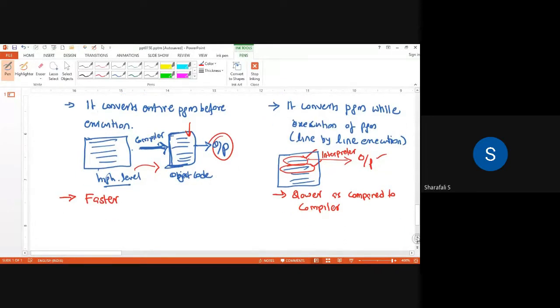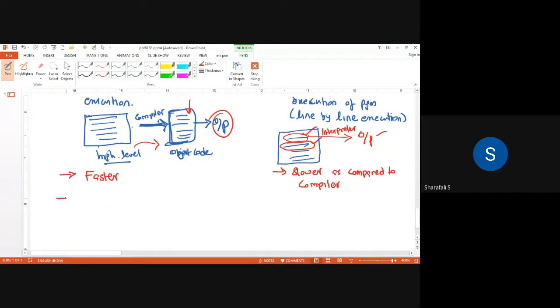Another important point is that here debugging is difficult, but here debugging is easy. Why is it easy here? Because we are doing line by line execution.